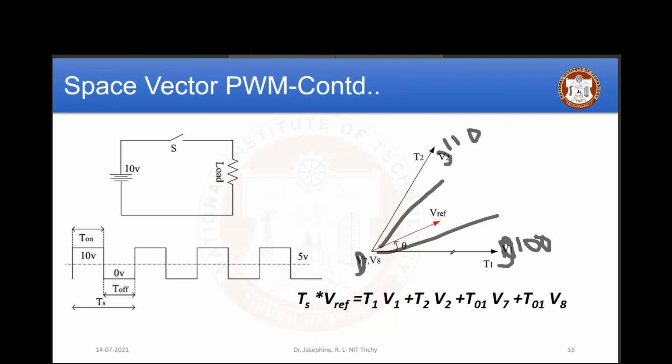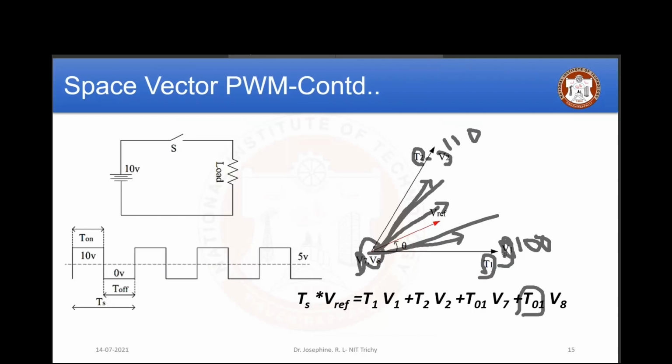Again, they'll go back. If you operate this, on an average, it is going to settle at some value at one time instant. If I increase the time t2, this vector will move towards this. If I increase t1, the vector will move towards this. If I keep on using this 0 all the time, which is nothing but t naught, then it is going to reduce the magnitude.